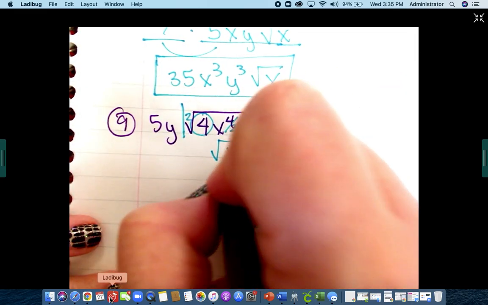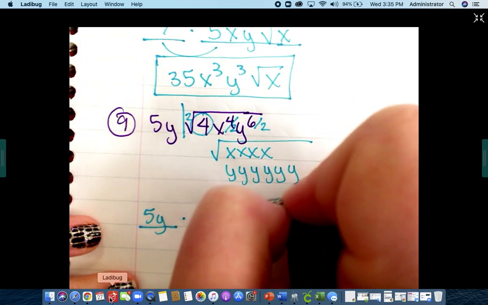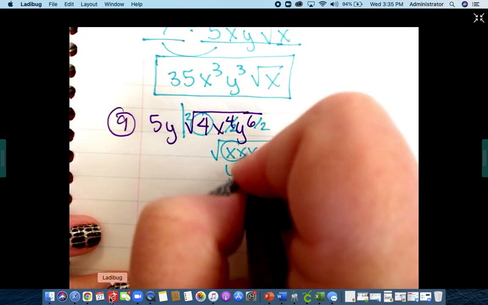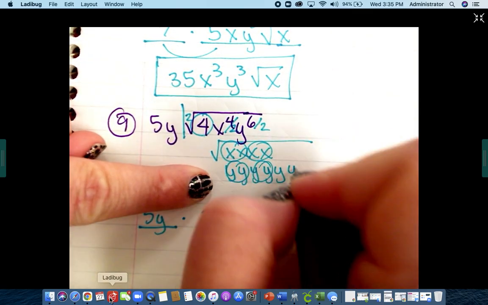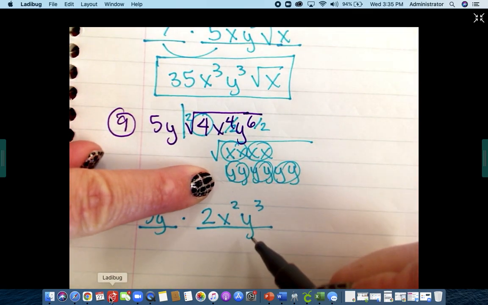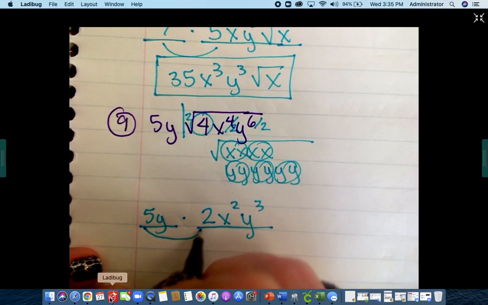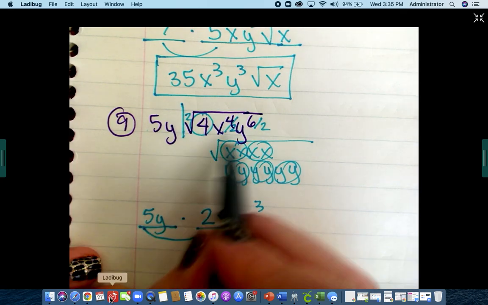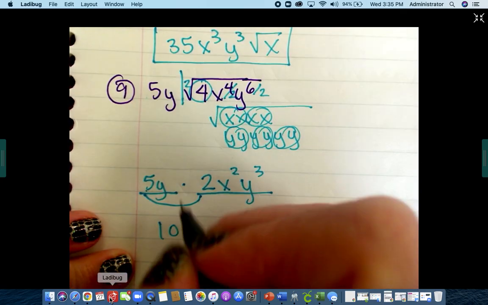Again, 1, 2, 3, 4 x's, 6 y's. So this is where I get x squared, 3 pair of y's, and that's where I get y cubed. Now keep in mind that when we multiply what we already had times our new simplified version of the right side, 5 times 2 will give us 10.